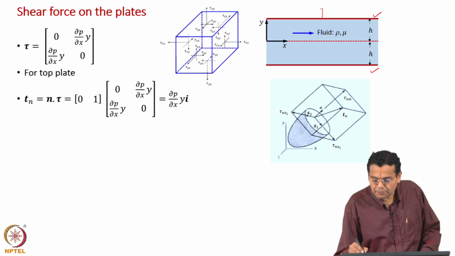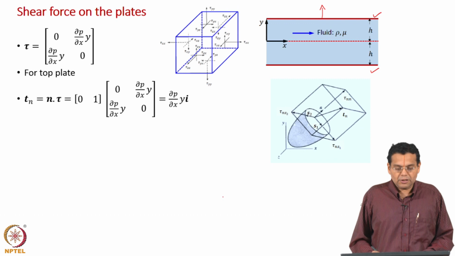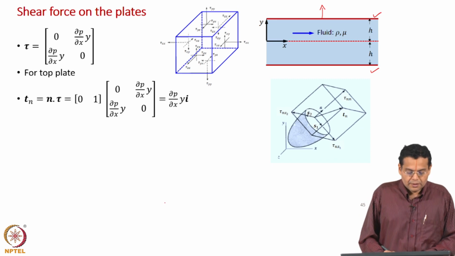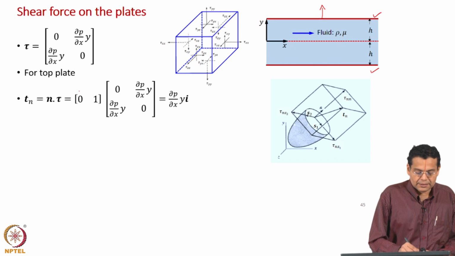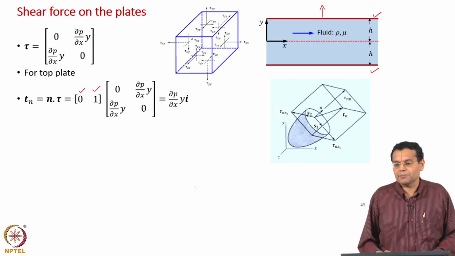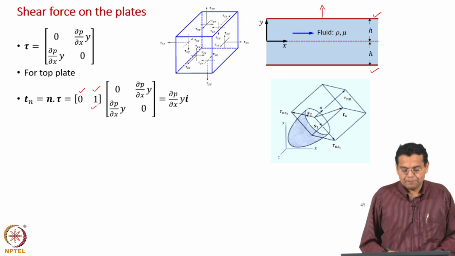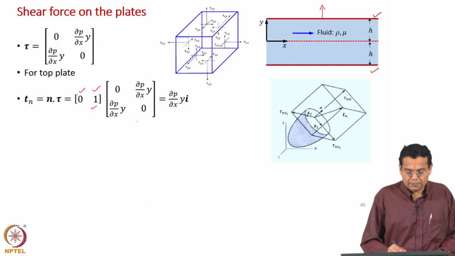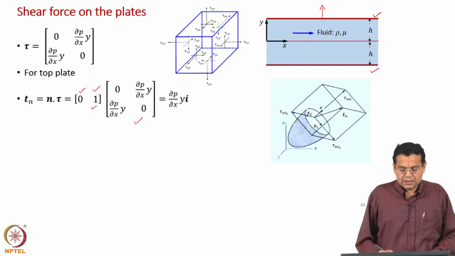Normal vector for the top plate is along the positive y direction, and in terms of its elements, we represent it as 0 and then 1, because the i component is 0 and it is plus j, which means it is plus 1 here, and of course these are the components of the stress tensor.